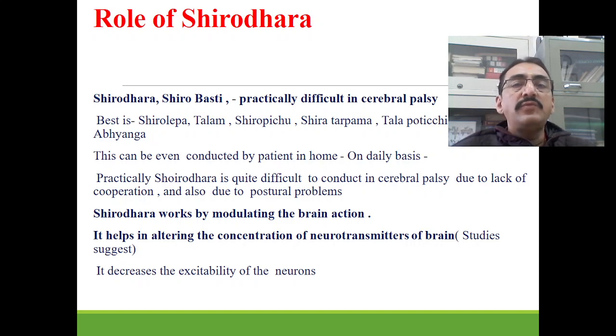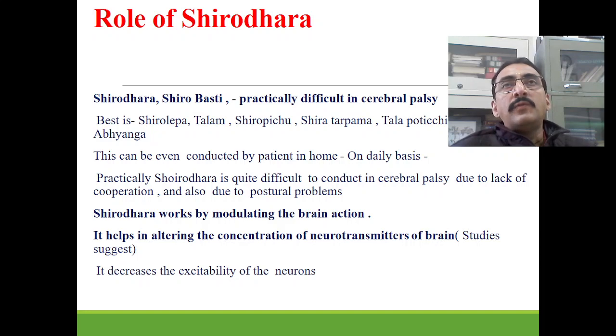So these are some of the issues related to performing Shirodhara or Shirobasti in children with cerebral palsy. Instead of the classical Shirodhara or Shirobasti, it is better to go for Shiro Lepa, Shiro Talam, Shiro Pichu, Shiro Tarpana, Tailapatachil or Shiro Abhyanga as a substitute for Shirodhara.